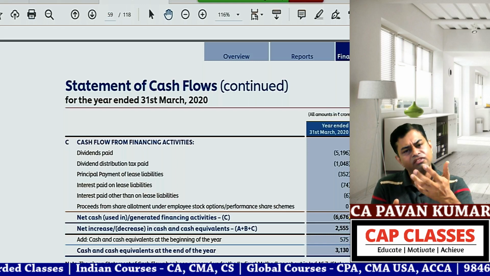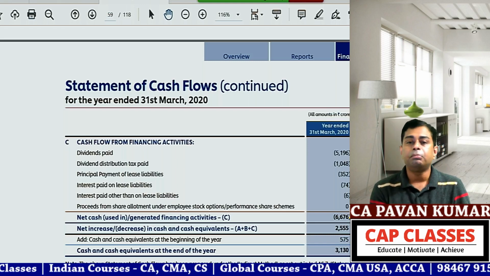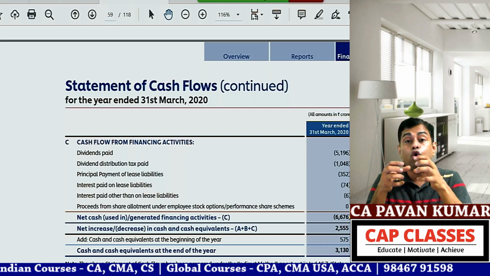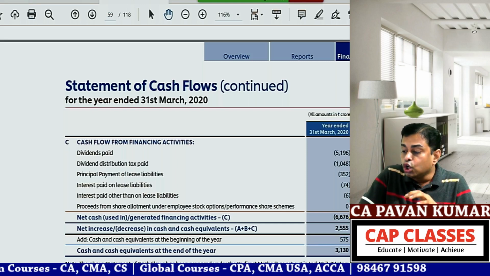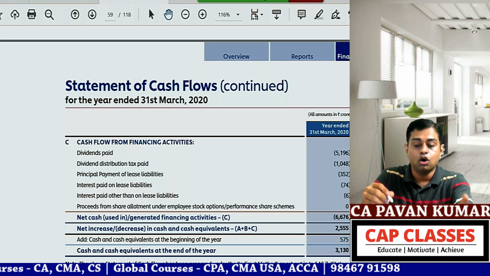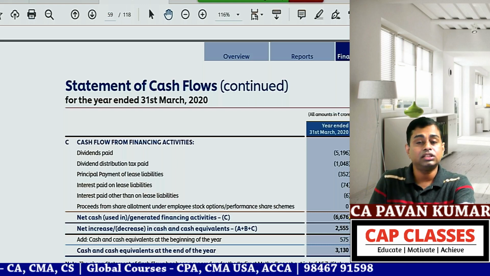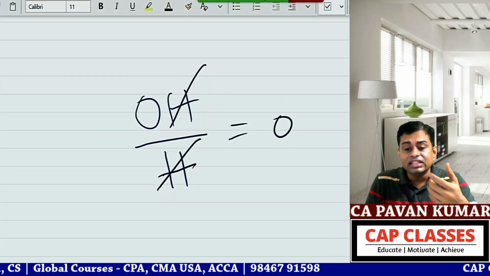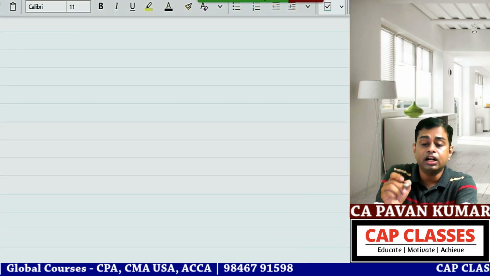What is cash equivalent? We'll see in 2 minutes. All the three put together, what is the opening balance? What is the closing balance? Take the opening balance, and to that add this net cash flow, then you will get the closing balance.